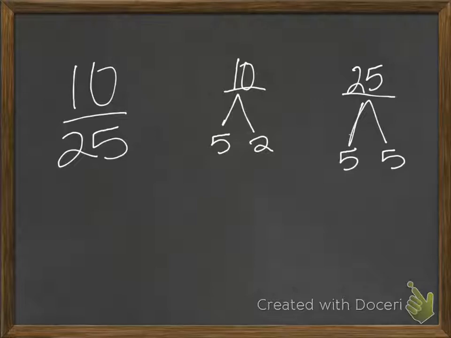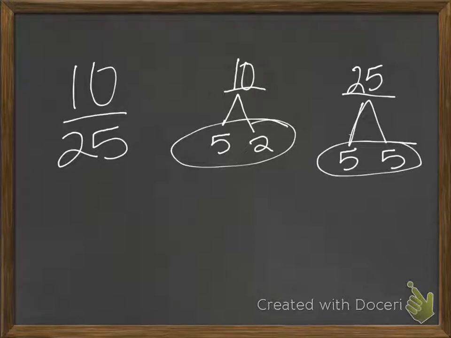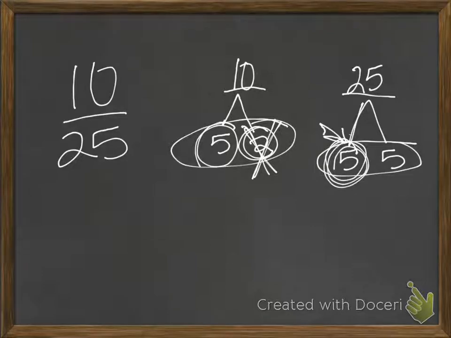So I want you to find the similarity. What's the same on the bottom over here and on the bottom over here? Well, is there a 2 over on this side? No, there's no 2, so we cross that out. Is there a 5 over here? Yes, there's a match. So what that's telling us to do is to take that 5 and divide both the top and the bottom.